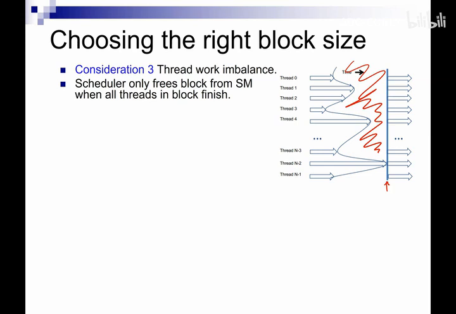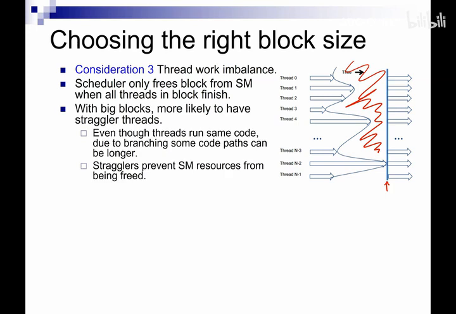So what we want to do is to minimize this white region, this idle region for the threads. The way you can try to reduce that is the smaller your thread blocks are, the less variation there is between the different threads, and the less variation, the less waste there is. Therefore, sometimes you don't want to have really huge blocks, because there will be a lot of wasted idle time.